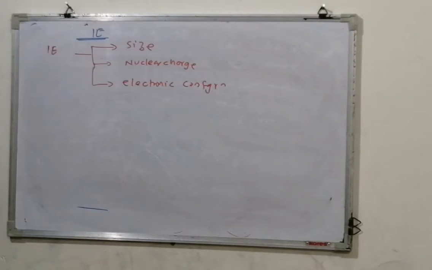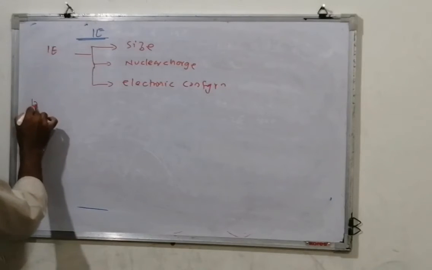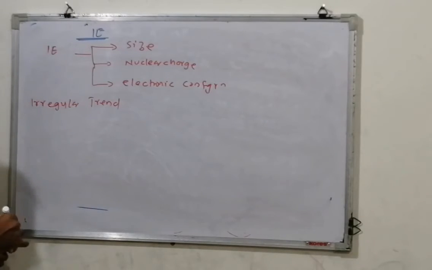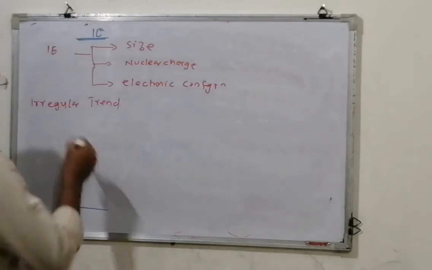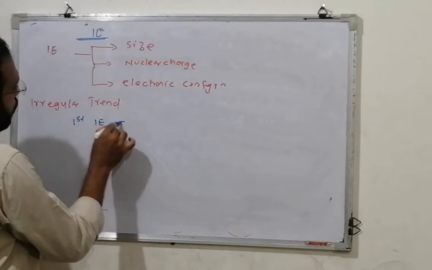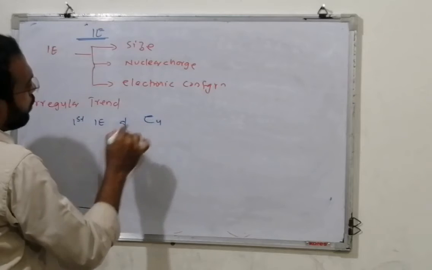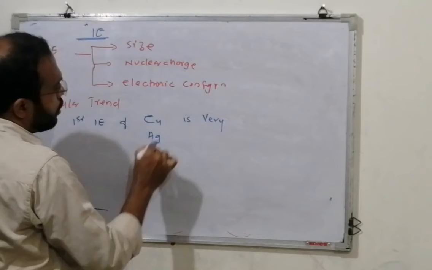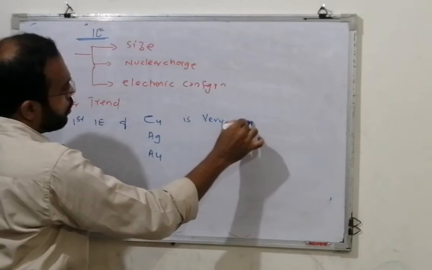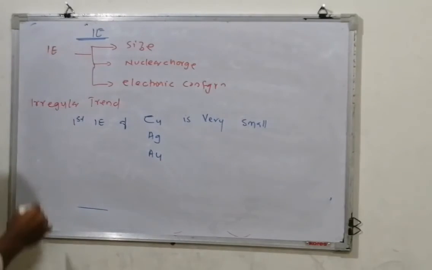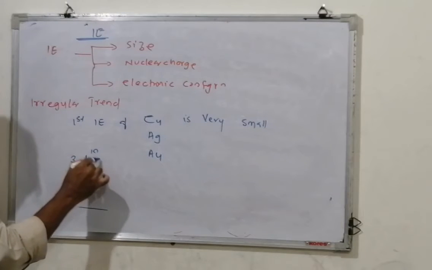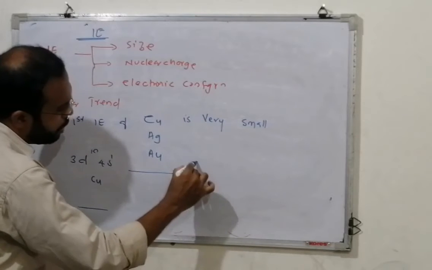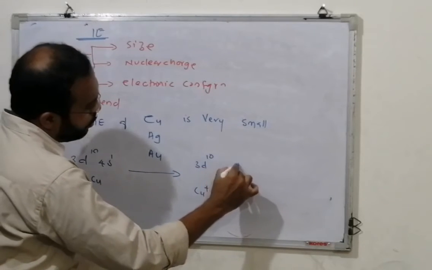It has an irregular trend. First ionization energy of copper, silver, and gold is very small. You know why? Because copper is 3d10 4s1. When it releases one electron, it becomes 3d10, a filled configuration.